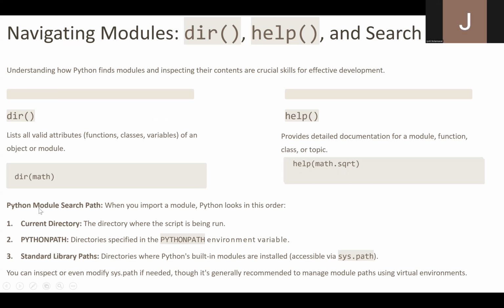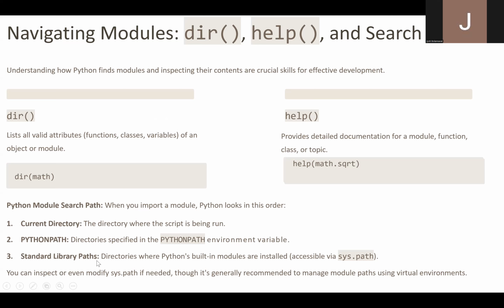Then next is search path. The module search path is the order in which Python looks when you import a module. First, it is going to search in the current directory. Current directory is nothing but the folder, the directory where your script is being run. Next, PYTHONPATH, that is the directories specified in the PYTHONPATH environment variable.